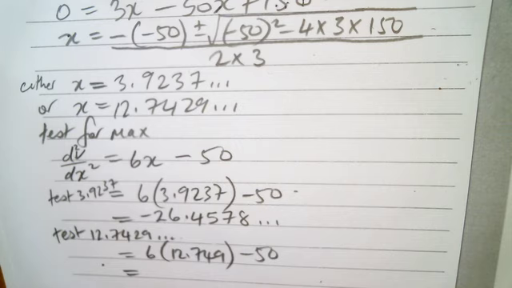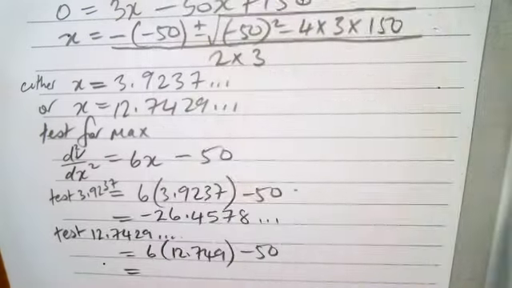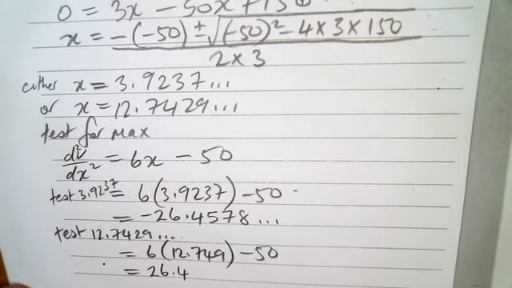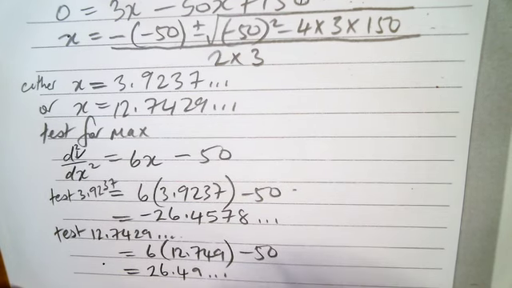So it's going to be 6 times 12.7429 minus 50, and that equals 26.449.